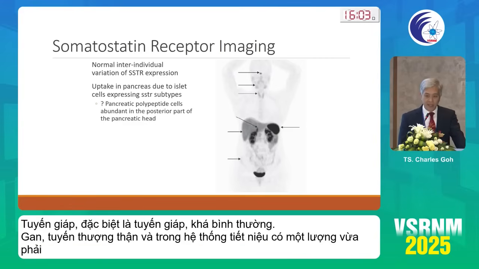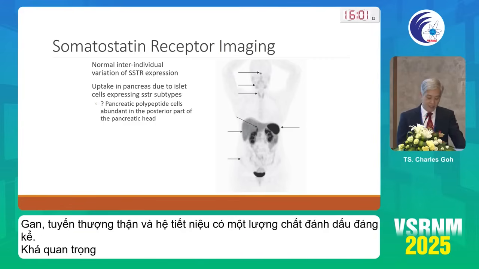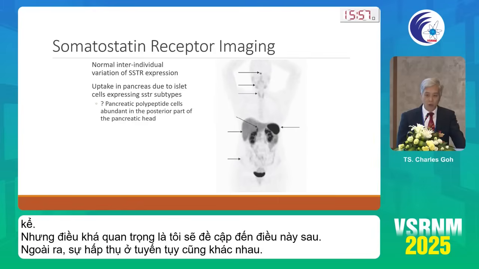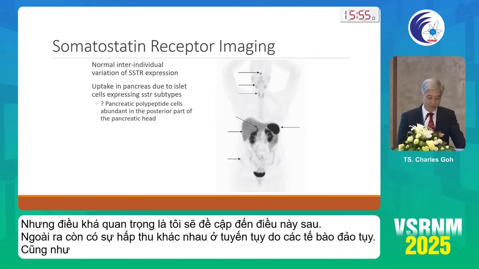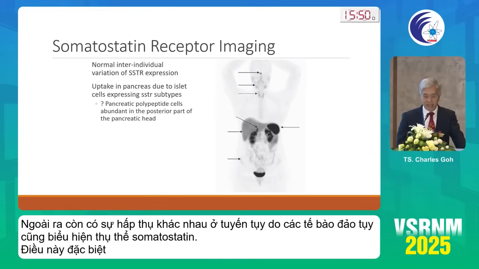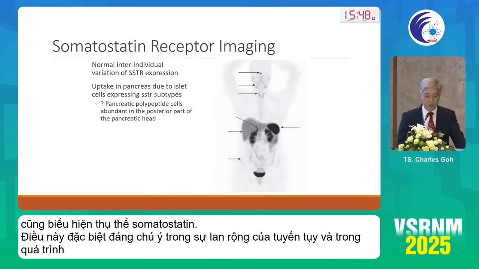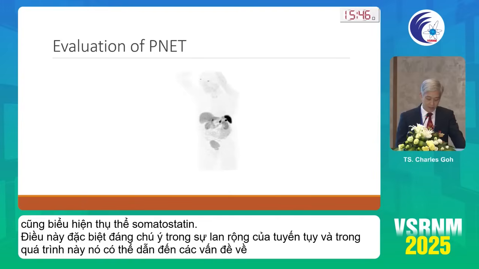But quite importantly, and I will reference this later, there's also variable uptake in the pancreas due to islet cells also expressing somatostatin receptor. This is particularly notable in the head of the pancreas and in the uncinate process, and can lead to issues in diagnosis.